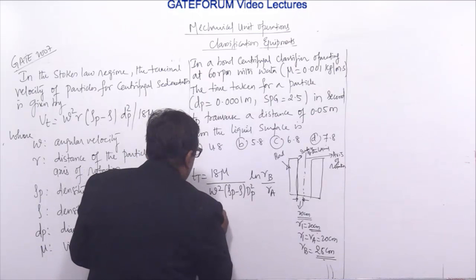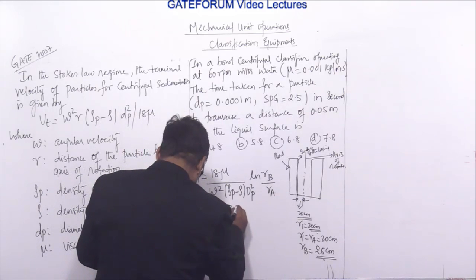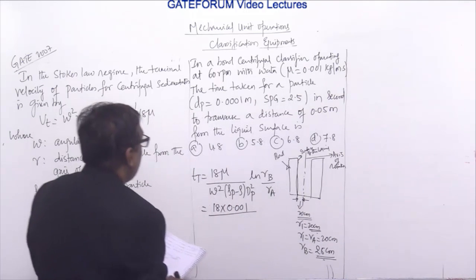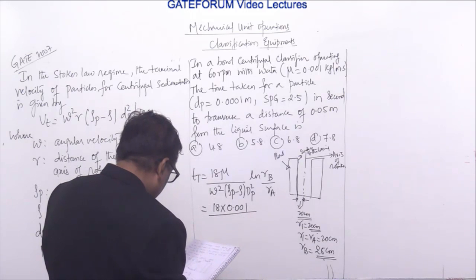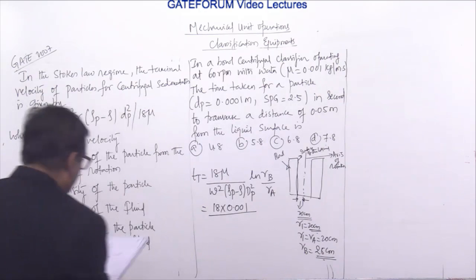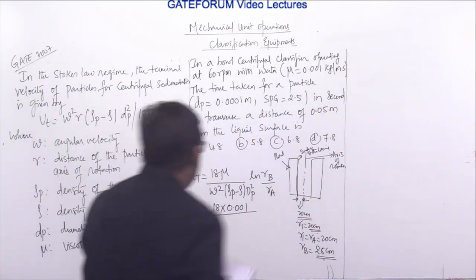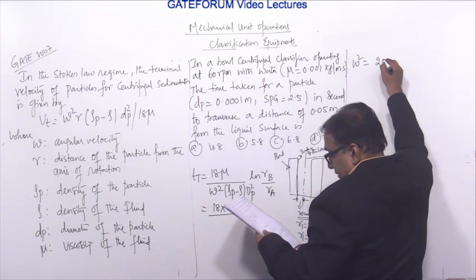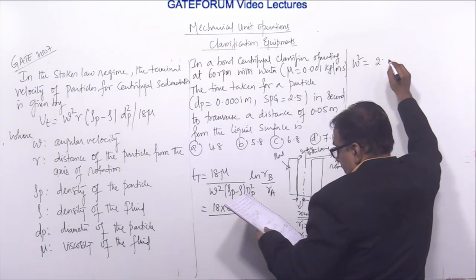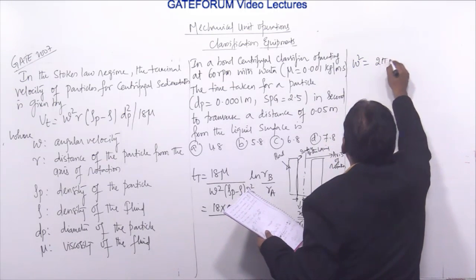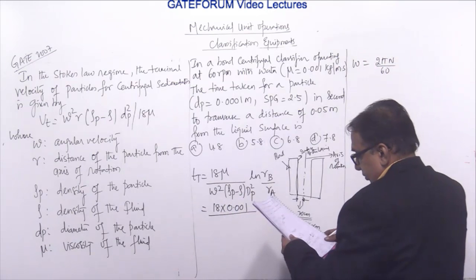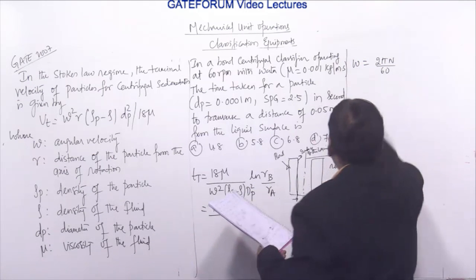18 into viscosity 0.001, divided by omega square. How do you calculate omega square? Omega is equal to 2 pi N by 60, correct?